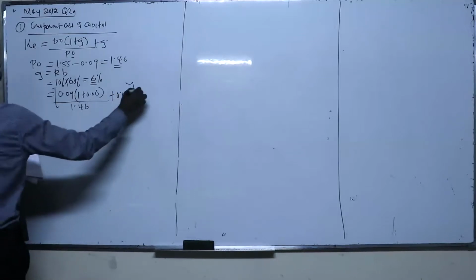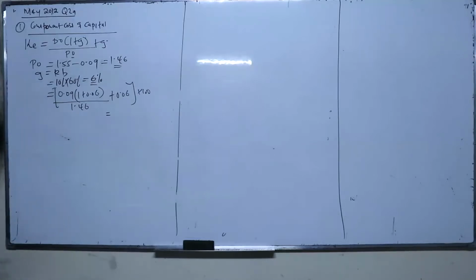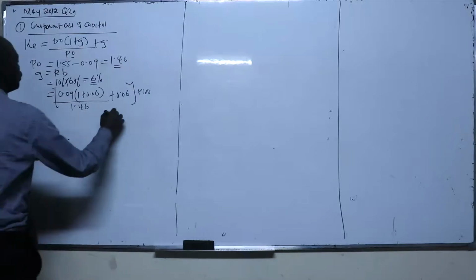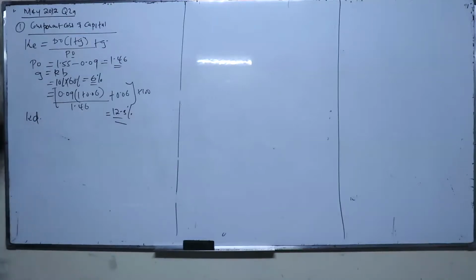And then here we multiply by 100. So what do you get? 12.53%.